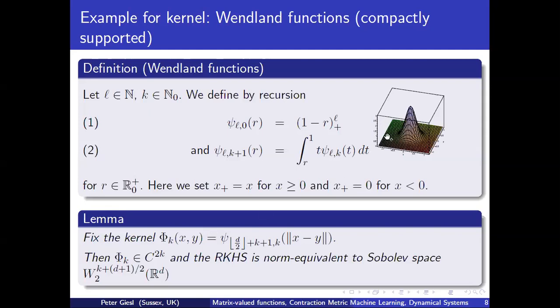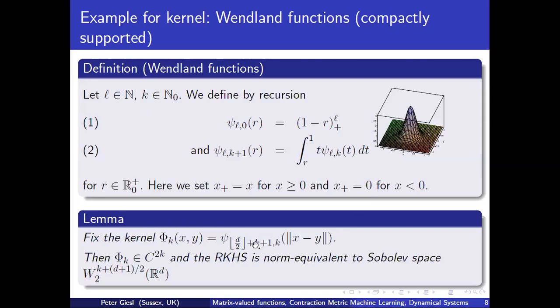So what we see here actually is this function, and x minus y is what you see here as argument. So you can see it has a compact support here of 1, the radius of 1.